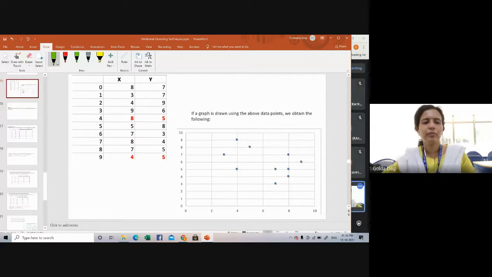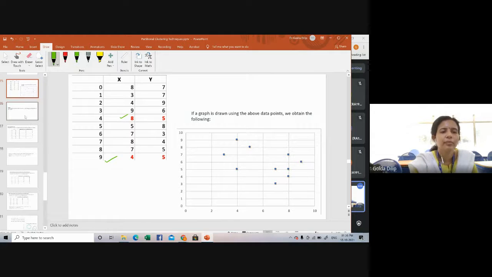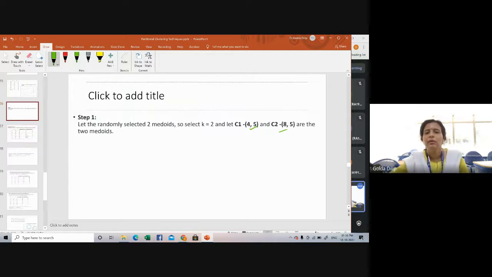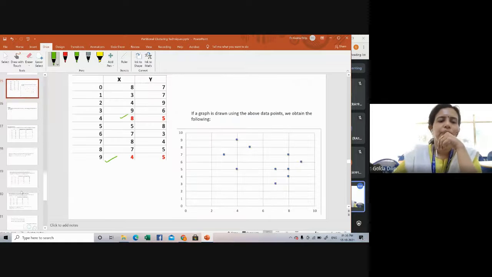The 4th object and the 9th object are being randomly selected as the medoids. So C1 is 4, 5 and C2 is 8, 5.